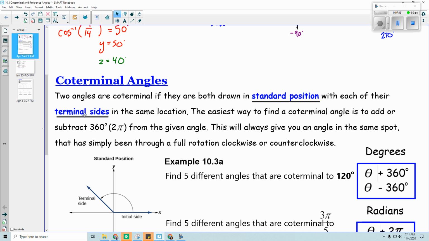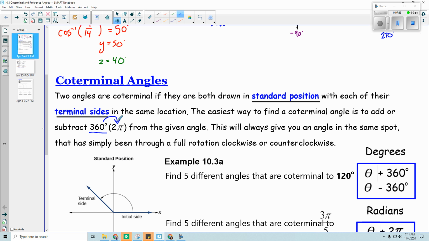If each of their terminal sides are in the same location, the easiest way to find a coterminal angle is just to add or subtract 360 degrees. And remember from the last lesson we found out that 360 degrees is the same thing as 2 pi in radians.